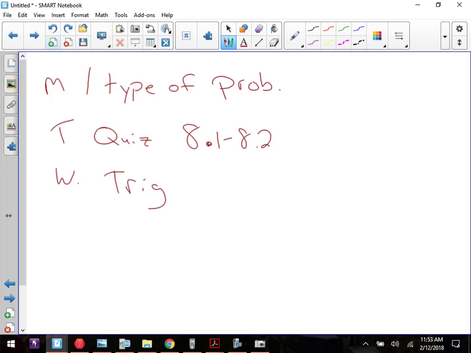And one of the things that I want to let you guys know about with our textbook is that it doesn't do a really good job of how trigonometry is presented to you guys for the first time around. So we're probably not going to use most of the textbook stuff at all.